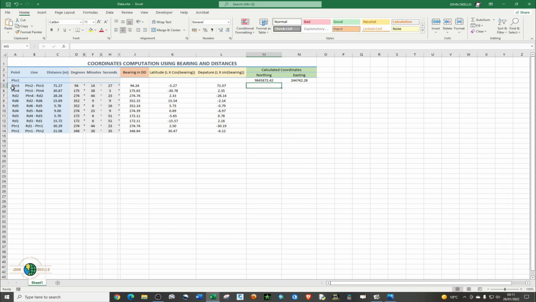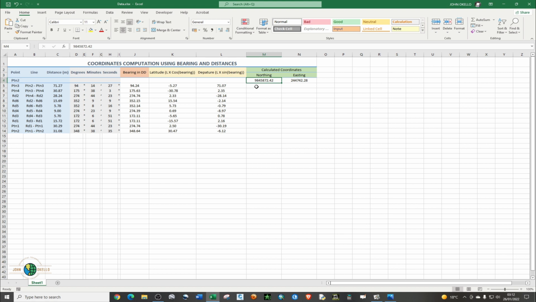So the northing for PTN 3 will be the northing for PTN 2, then we add the latitude that we've just calculated, the change between PTN 2 and PTN 3, which is this one here, negative 2.27.